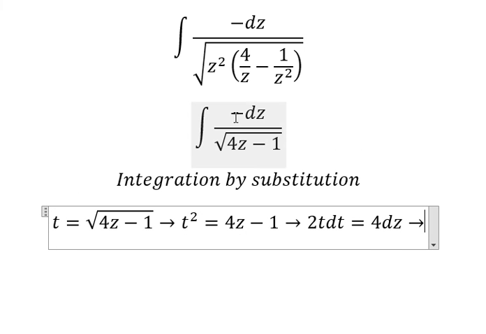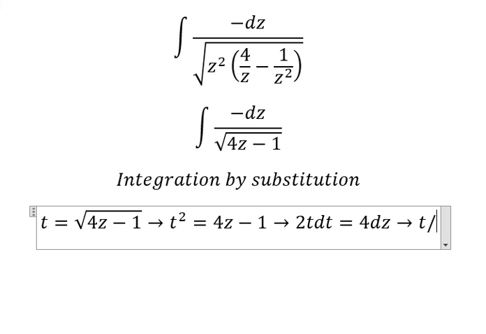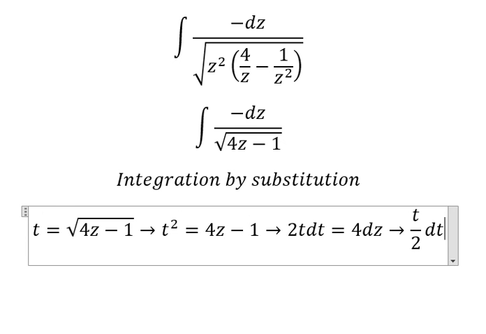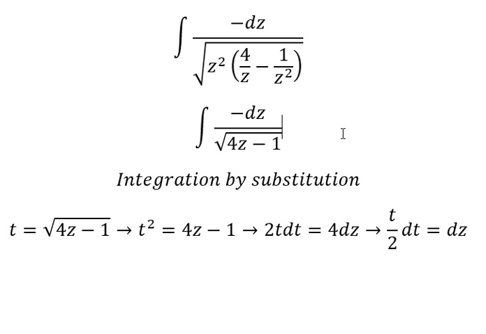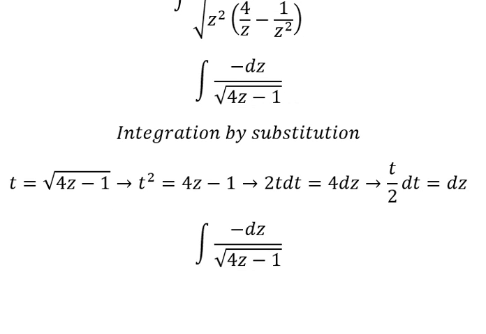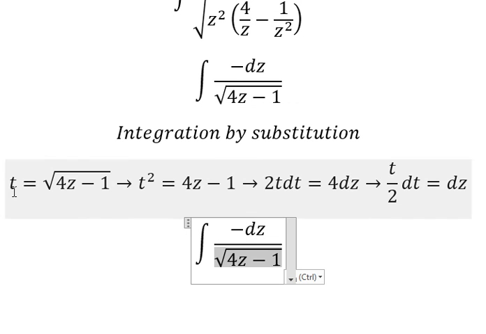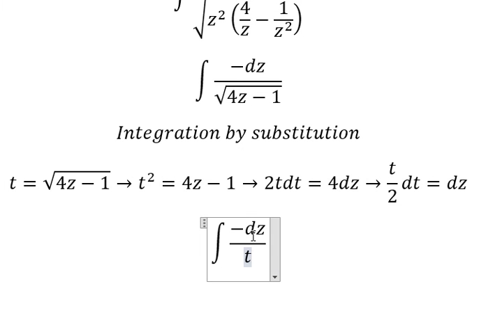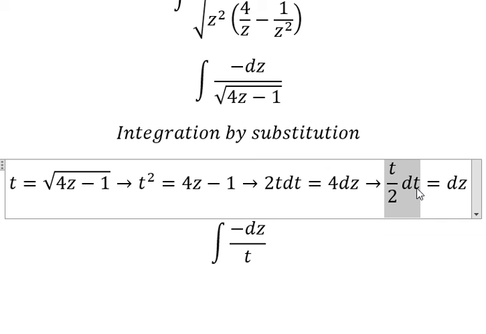Because we don't have number 4, we need to divide both sides by number 4. So this one we change by t. This z we change by t over 2 dt.